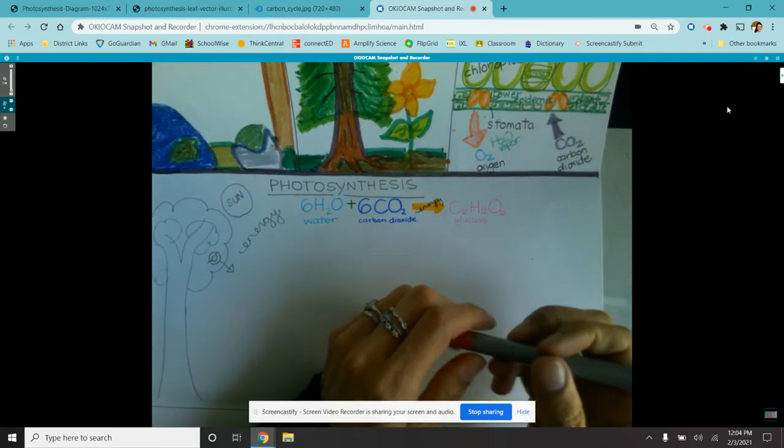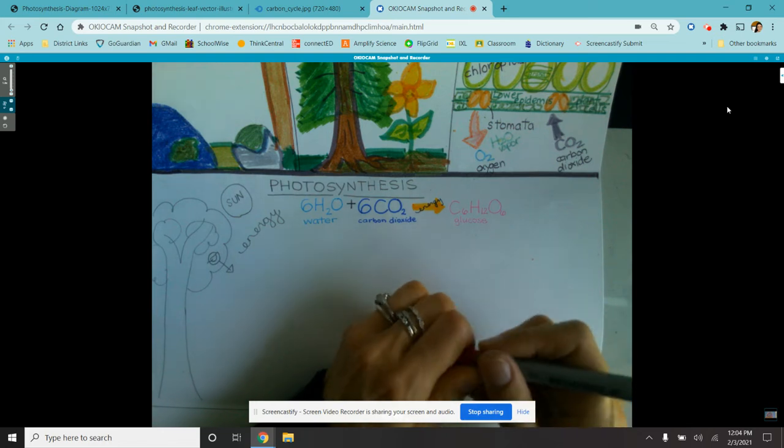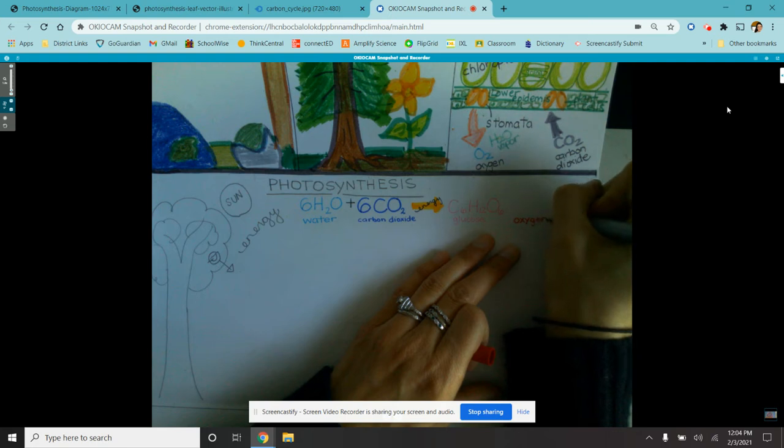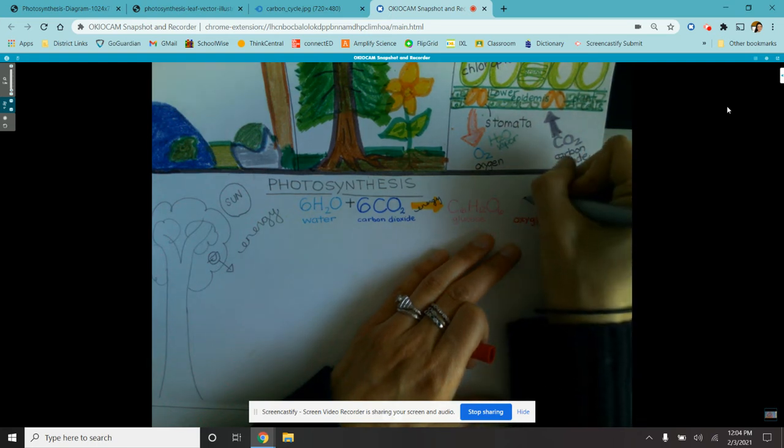We also get oxygen. We get 6 oxygen molecules.